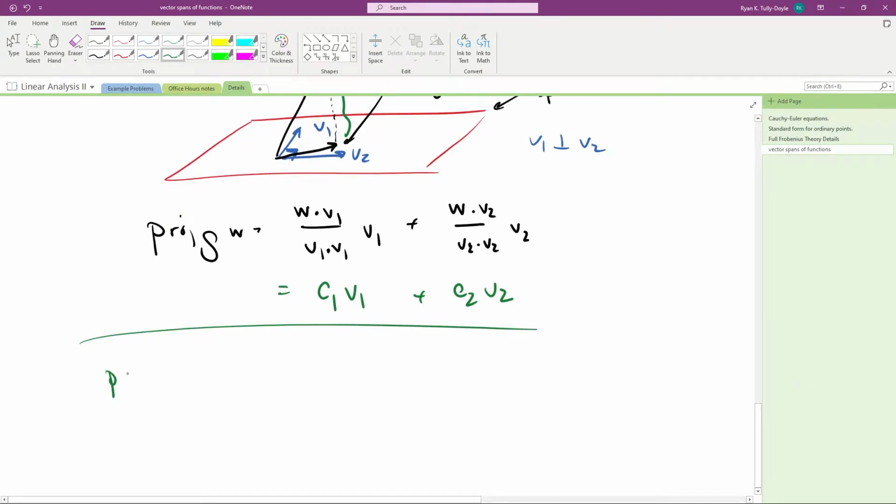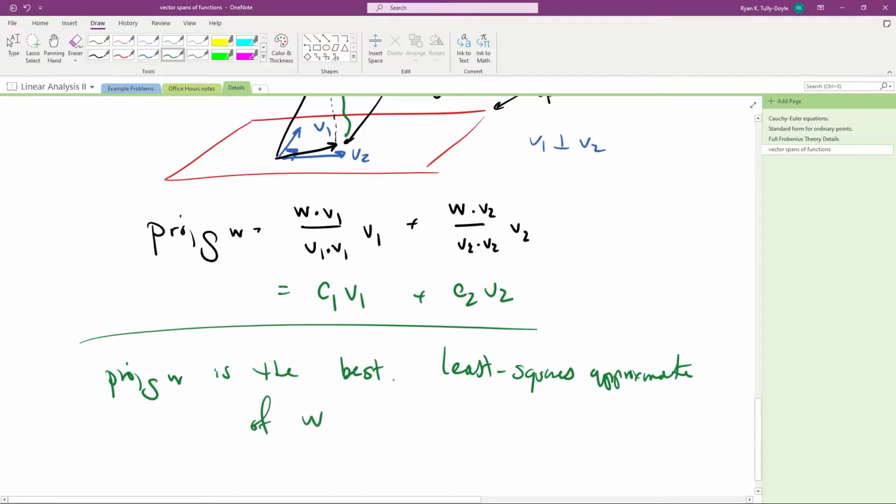The projection of w onto S is the best, what's called least squares approximation of w inside the span of v1 and v2.